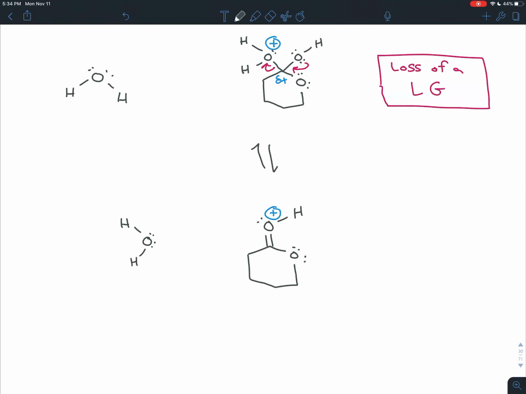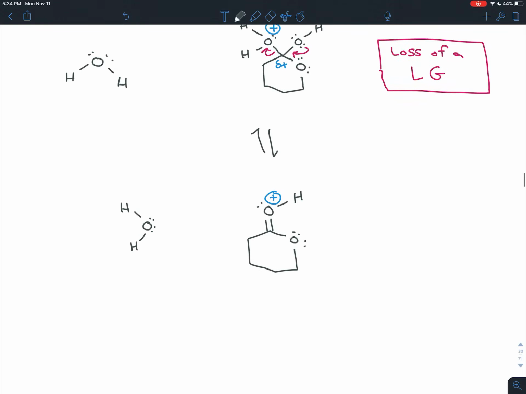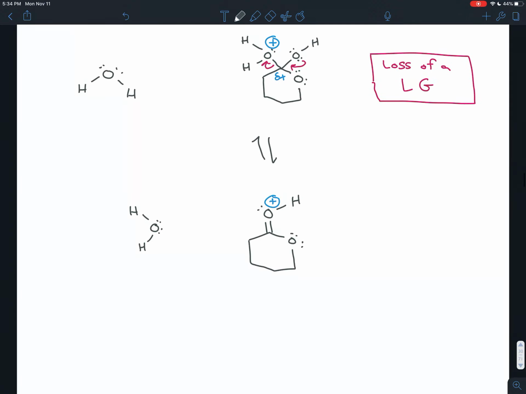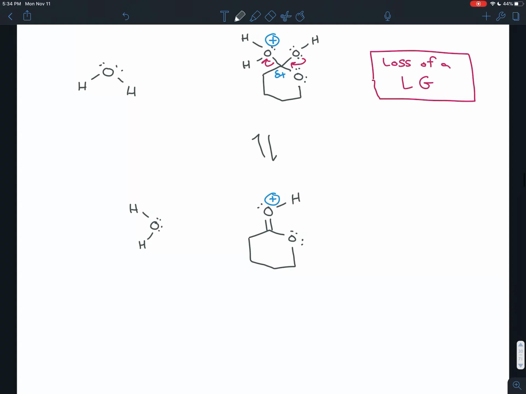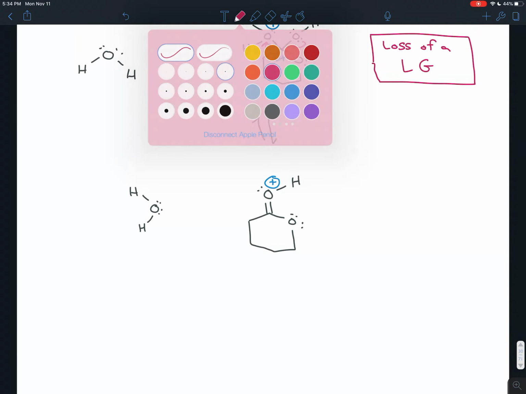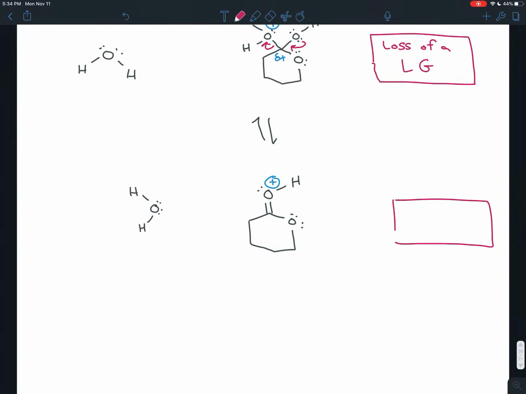Okay. Well, in this case, we're almost done. We've almost formed the ester, the cyclic ester, which is also known as a lactone. We just need to stabilize this positive charge. That charge is unstable. We can change the stability of things by doing a proton transfer.